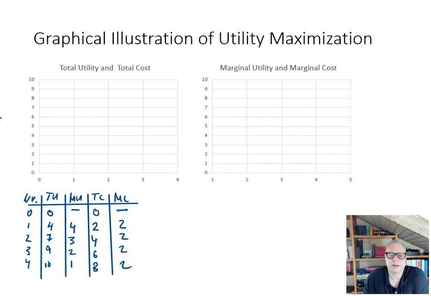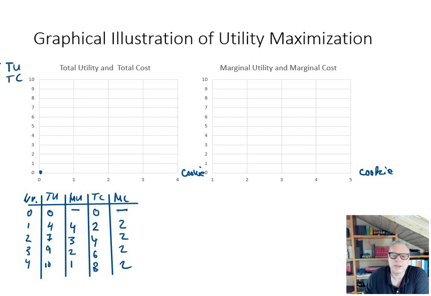So now we can draw total utility and total cost. So total utility, number of cookies on the x-axis. Here we have the cookies. And here we have the total utility and total cost.